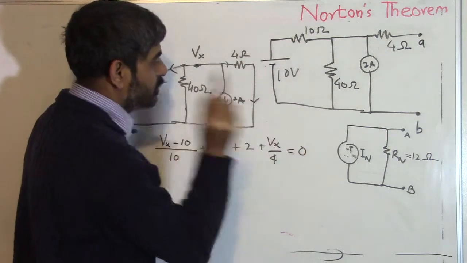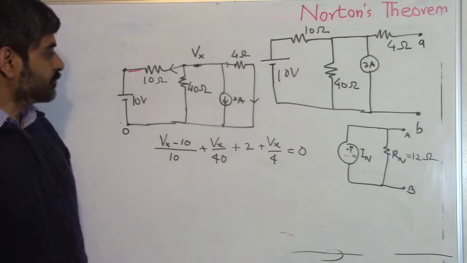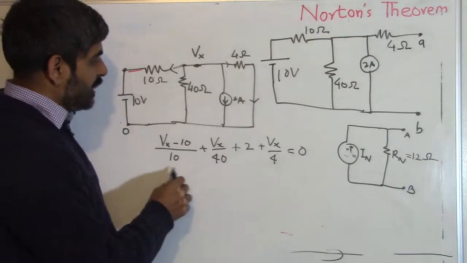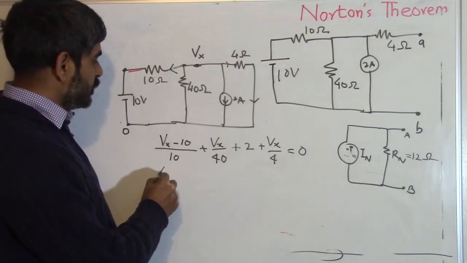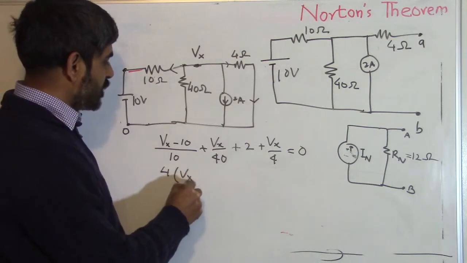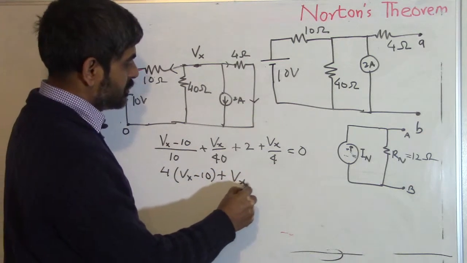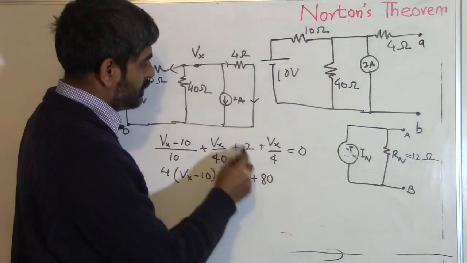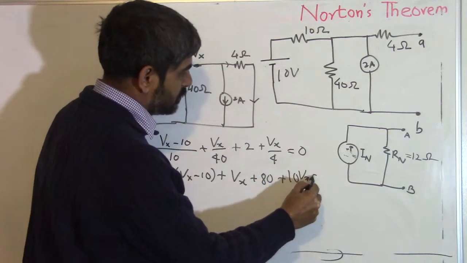All this will be equal to 0 by Kirchhoff's current law. What it means is that, let us multiply this whole equation by 40. This is 4 into (Vx minus 10) plus Vx plus 80 plus 10 into Vx is equal to 0.